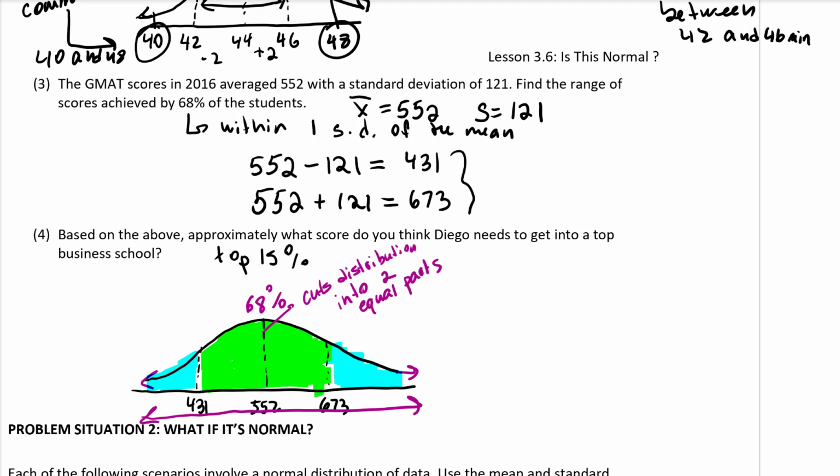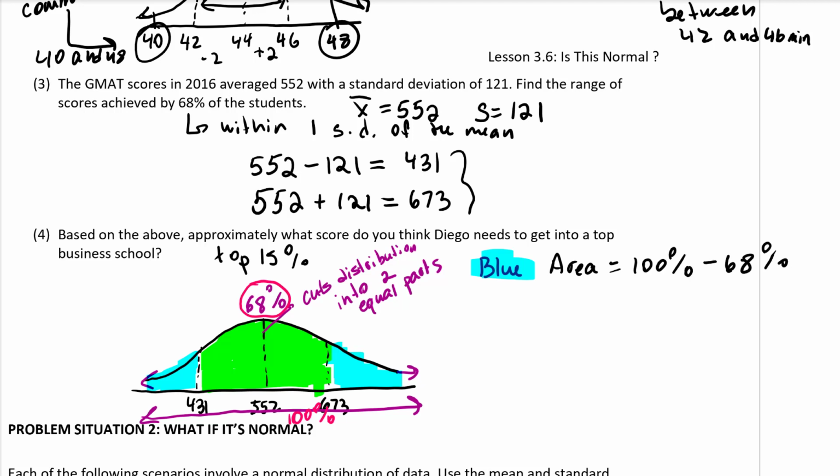So if this is 68% and this whole thing is 100%, then the blue area, let me just highlight it like that, is going to be 100% minus 68%.